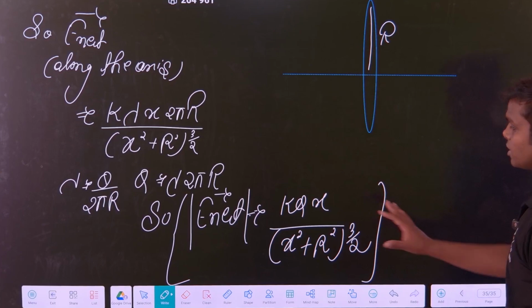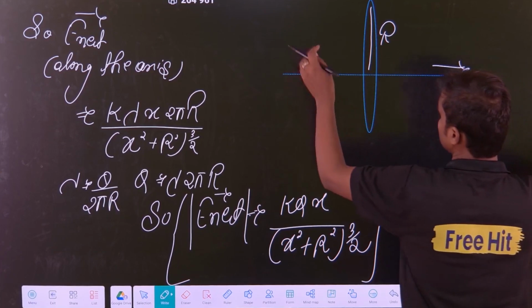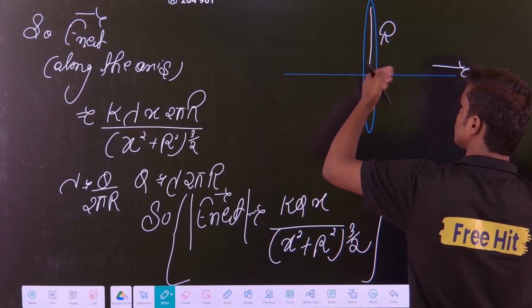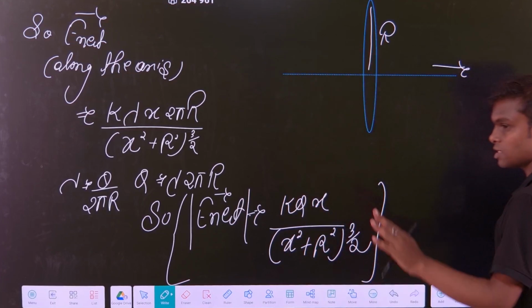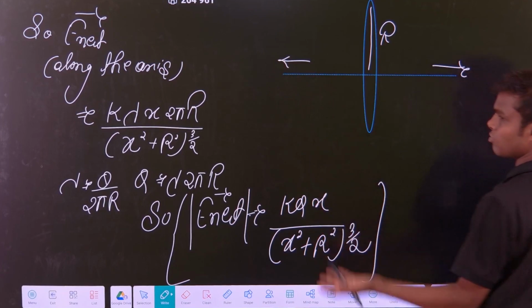Then you can see from here, in this direction the net electric field will be in this direction, and on the other side, what is the direction of the net electric field? Is it in the same direction or the opposite direction? By common sense you tell me. It will be in this direction, obviously.